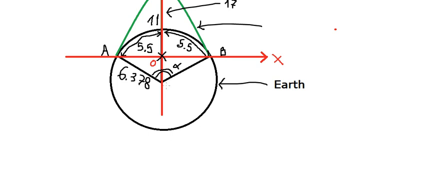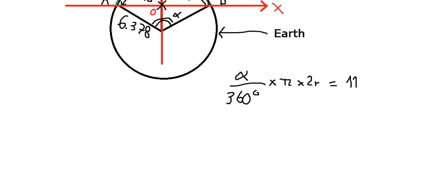So the formula to find the arc of the circle is alpha divided by 360 degrees, because one circle is 360 degrees, multiplied by 2πr, equals 11.